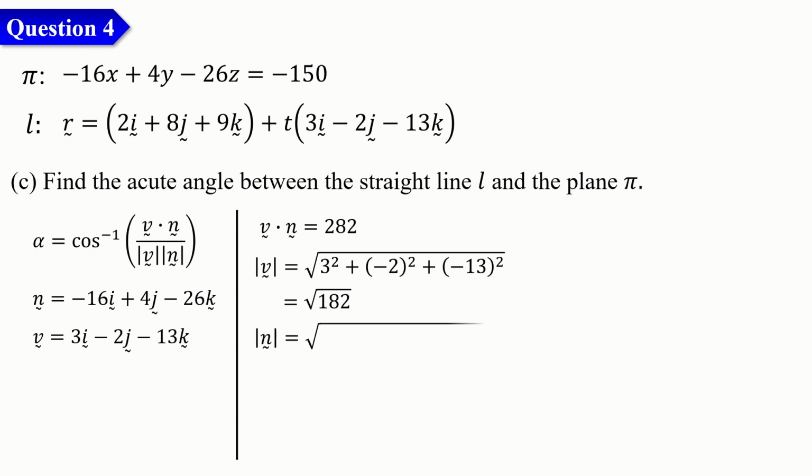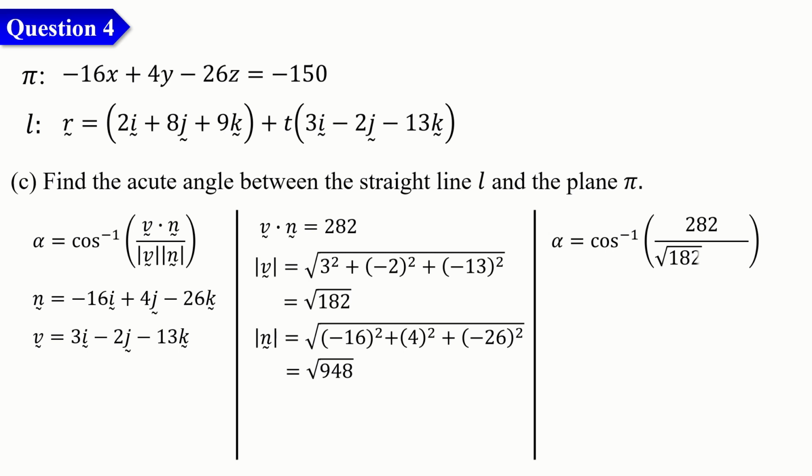And also the magnitude for vector n, which is root 948. So we just substitute these values into the formula for alpha. So we get alpha is arccos of 282 over root 182 times root 948. If we use a calculator, we get this value is 47.24 degrees.